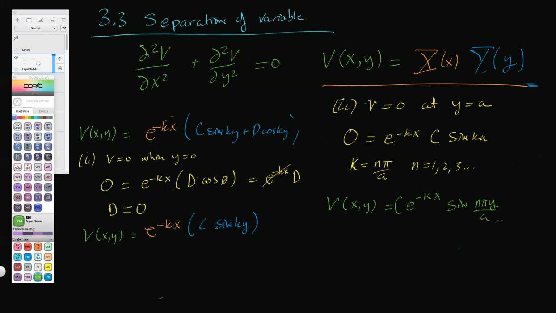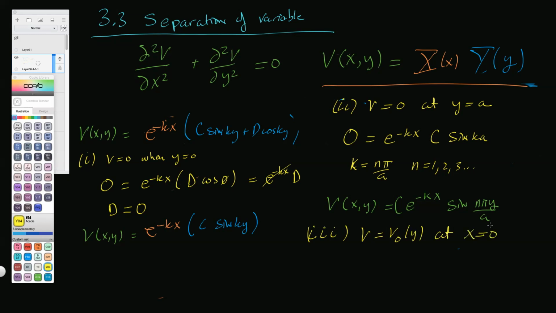There's our solution so far. The only one we haven't implemented is boundary condition 3, which is that weird one about the strip. It says V is equal to V naught of y at x equals 0.